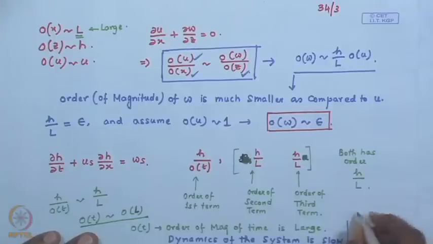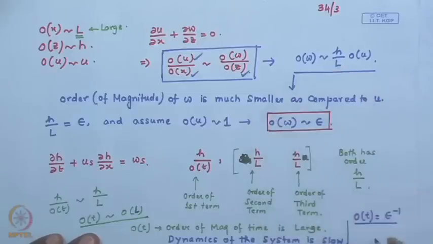Now, if we look at it, large means that we take that order of time is epsilon inverse.